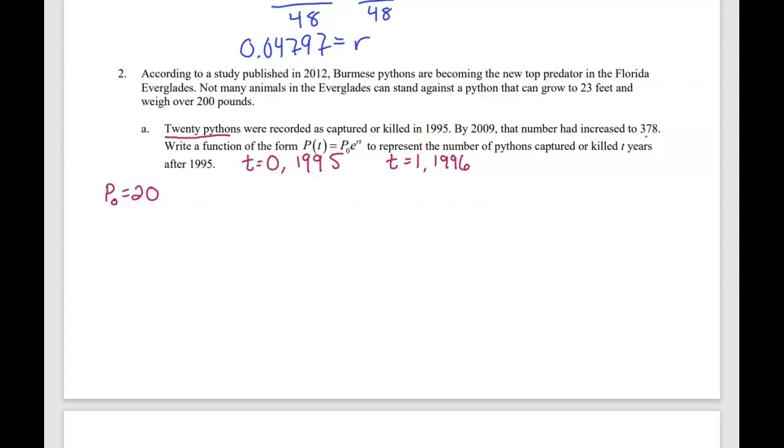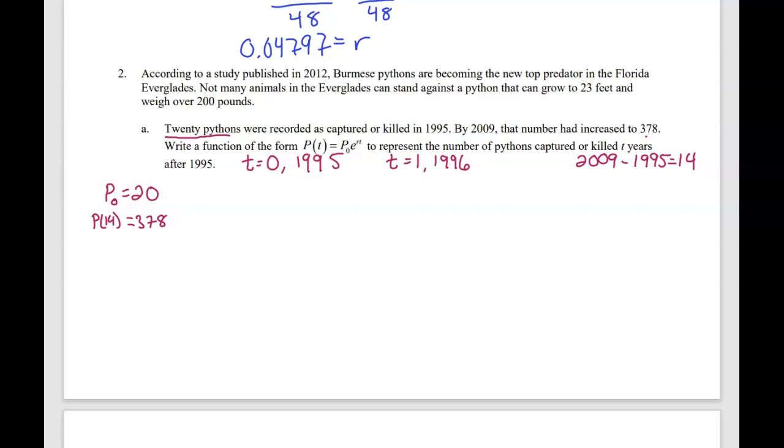By 2009, that number had increased to 378. So we're talking 2009. So I'm going to do 2009 minus 1995. That's going to be 14 years. So I'm going to say P of 14, because that's 14 years, is equal to 378.